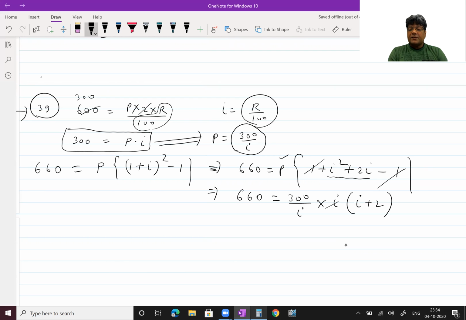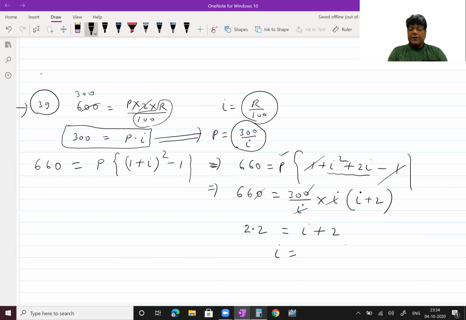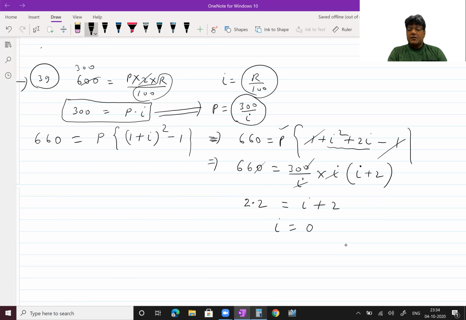So this I and this I will be cancelled. This 0 and 0 will be cancelled. And 66 by 30 will be 2.2, because 22 by 10 is 2.2, equal to I plus 2. So I will be equal to 2.2 minus 2, that is 0.2. I is equal to 0.2, means how much percent, guys? 20%.